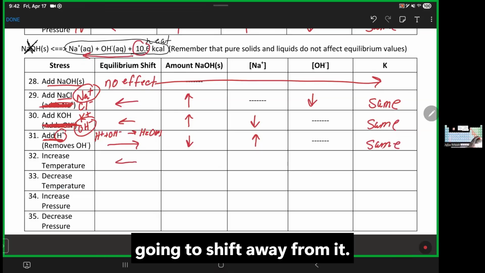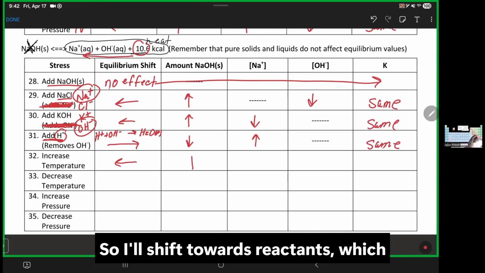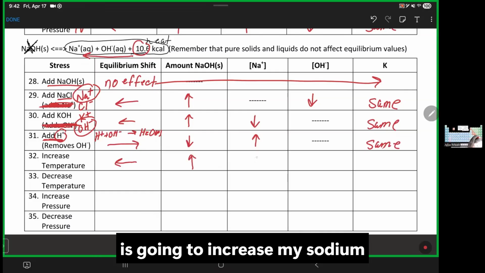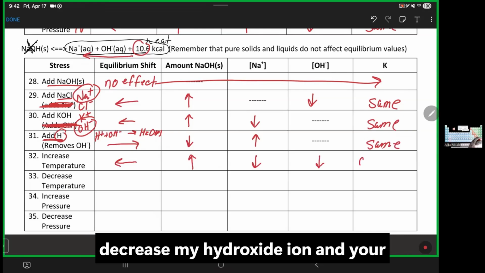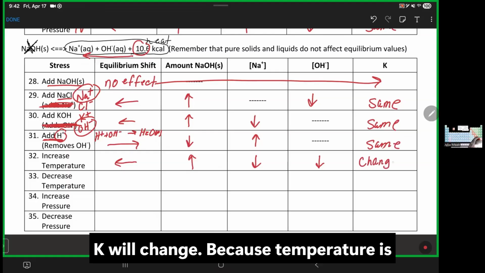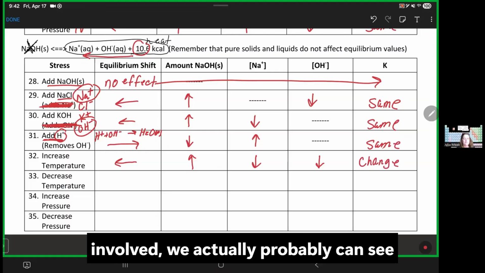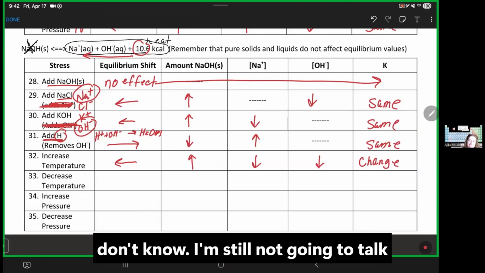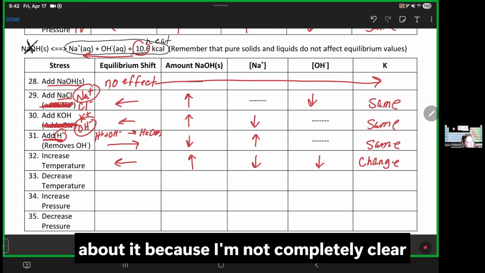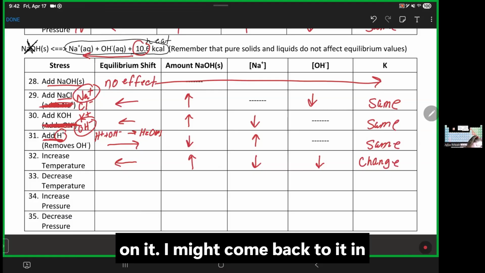So I'll shift towards reactants, which is going to increase my sodium hydroxide, decrease my sodium ion, and decrease my hydroxide ion. And your K will change because temperature is involved. We actually probably can see how K is going to change in that. I don't know. I'm still not going to talk about it because I'm not completely clear on it. I might come back to it in a minute.